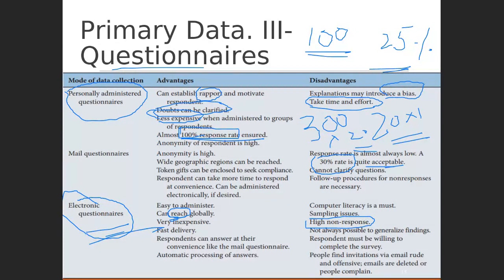For instance, if you have electronically distributed your questionnaire to 100 people, and 50 are males and 50 are females, and at the end you receive only 25 completed responses, and in those 25 completed responses 20 are males and 5 are females.